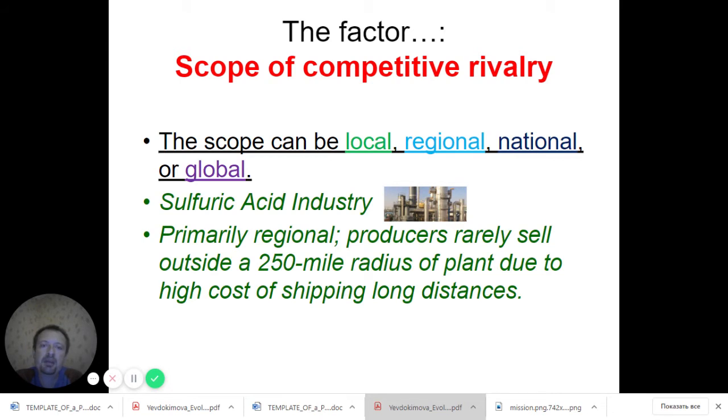As an example, it could be some products whose delivery is rather expensive. For example, dairy products, products from milk: we need a refrigerator to transport these products, for example, from the western part of Ukraine.